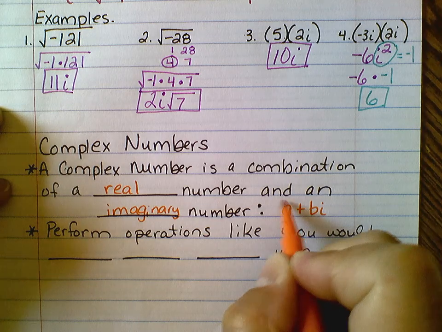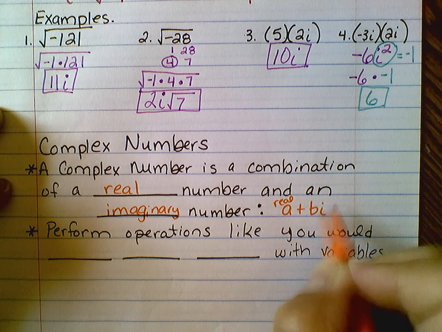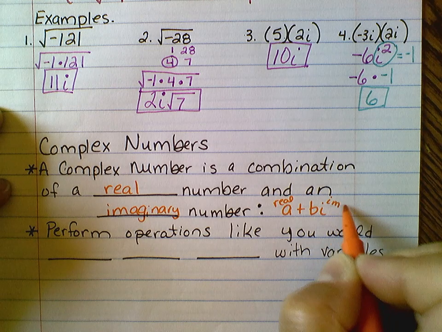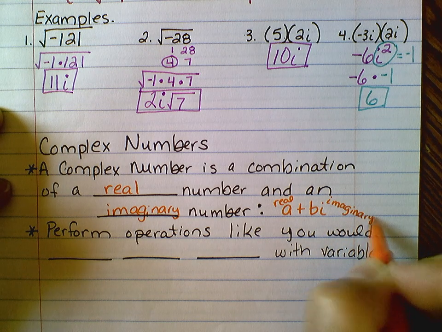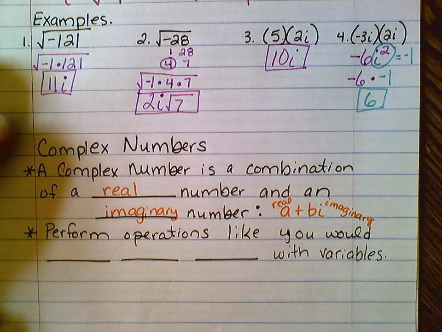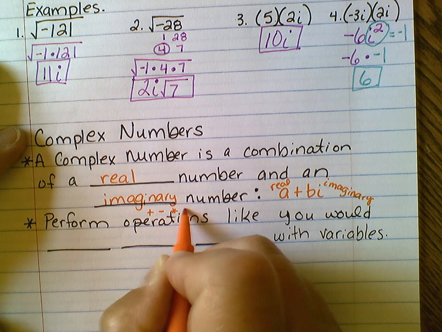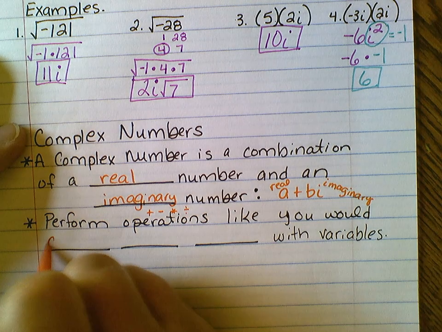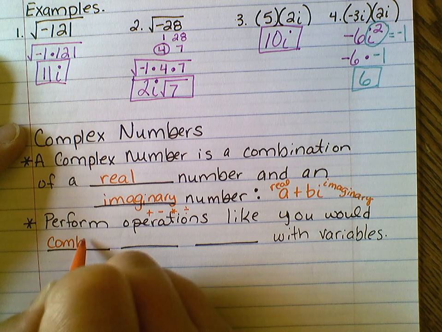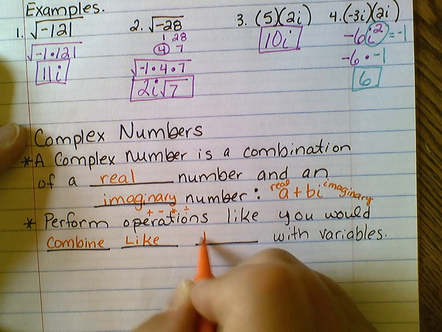The a is the real part, and the bi is the imaginary part because of the i. And when you perform operations, as in add, subtract, multiply, divide, you use combining like terms just like you would with regular variables.